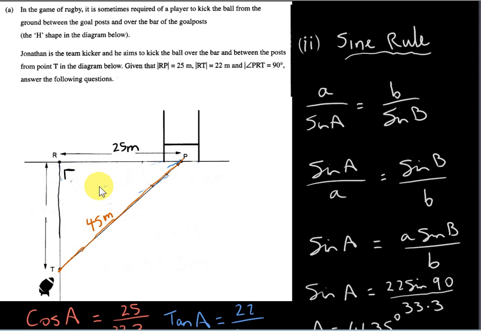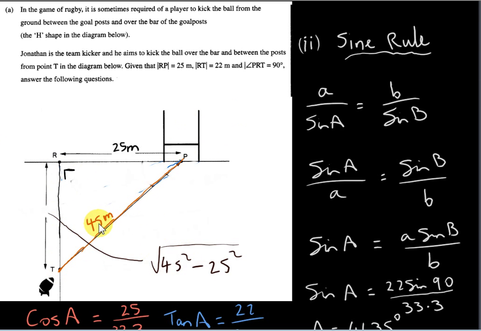So now, what's the maximum distance he can be from R? Well, we have a right angle triangle here, so it's just a matter of applying Pythagoras' theorem. This distance here is going to be the square root of the hypotenuse squared minus this short side squared. The sum of the squares of the two short sides gives you 45 squared.